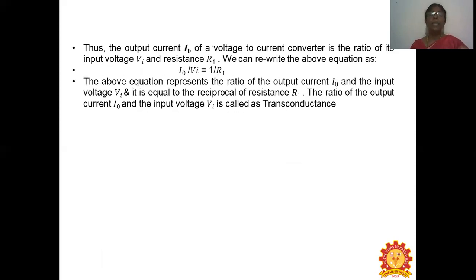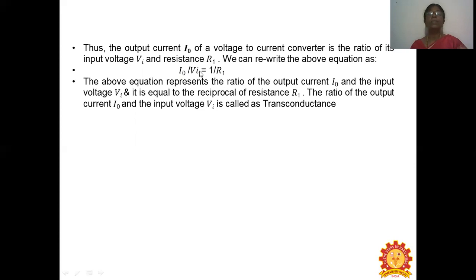Thus, the output current I0 of the voltage to current converter is the ratio between the output current and the input voltage. So, we can write the above equation: I0 by VI is equal to 1 by R1.